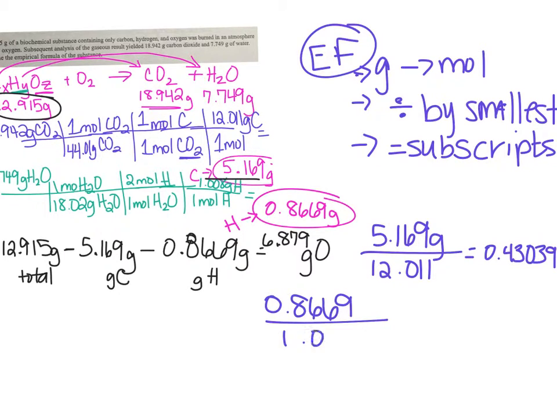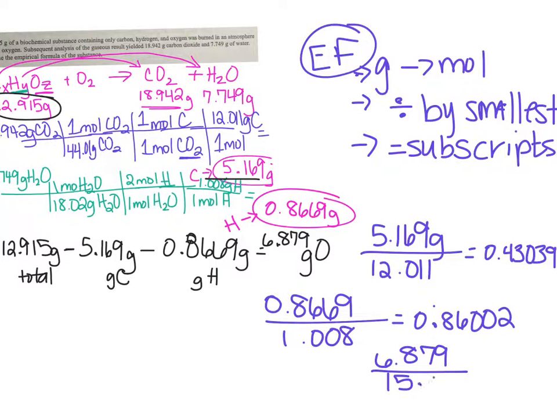We're going to divide that by the 1.008, the molar mass of hydrogen, in order to get 0.86002 moles. And then finally, we have our 6.879 grams of oxygen that we're going to divide by its molar mass, 15.999, to get 0.42997 for its moles.